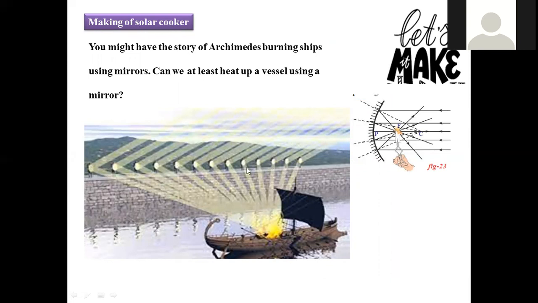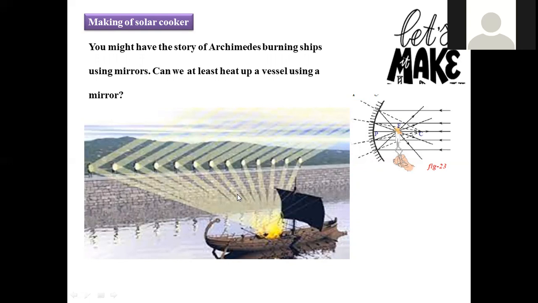What he did was keep a series of concave mirrors, and the sun rays were allowed to fall on them. All the parallel concave mirrors used to concentrate sunlight at a particular point only. They collect from different regions, but all are focused on only one particular region, which is called convergence.